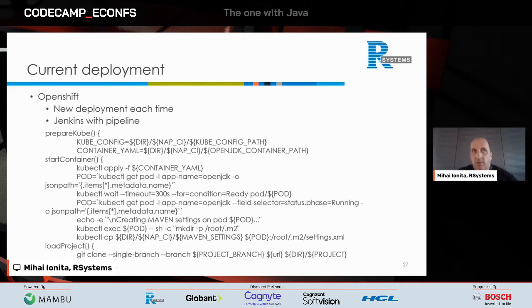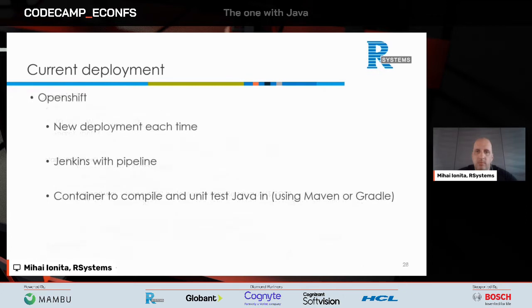Now, Jenkins is old news. Probably everybody has heard of or used it. But there is always the possibility of using GitLab CI if you use GitLab. And there are other choices as well. So basically, we run a container where we compile the component and we unit test it.